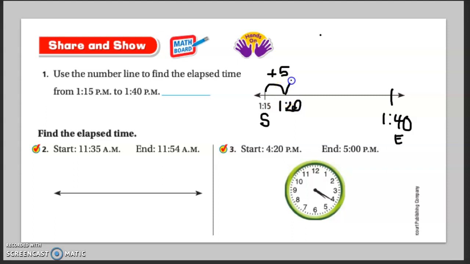If I add another jump of 5, my new time is going to be 1:25. If I add another jump of 5, it is going to be 1:30.